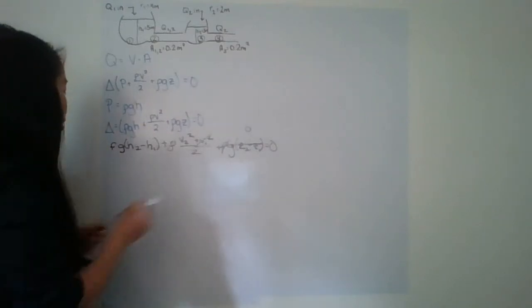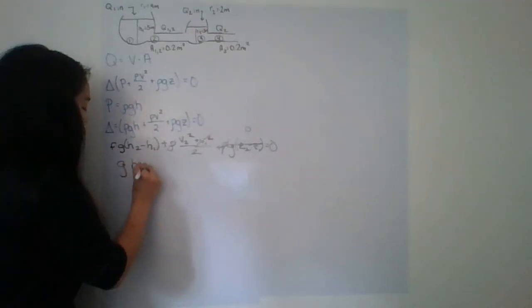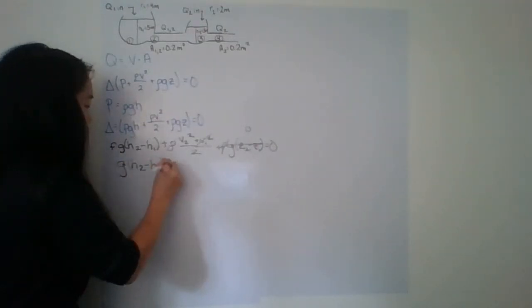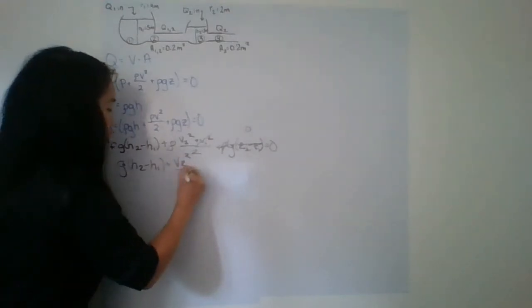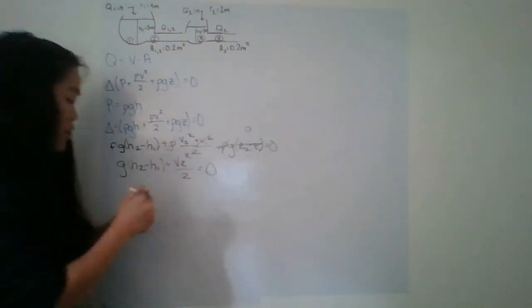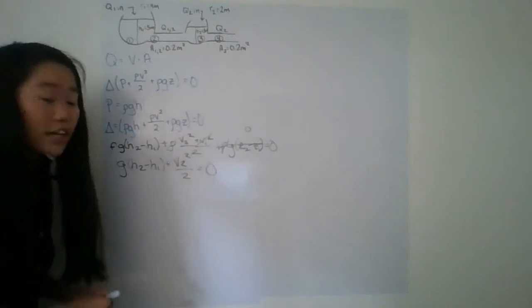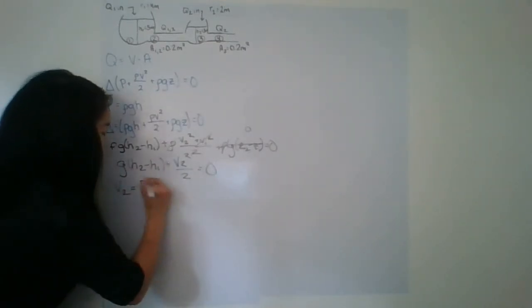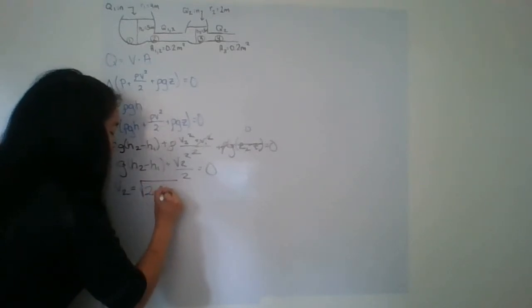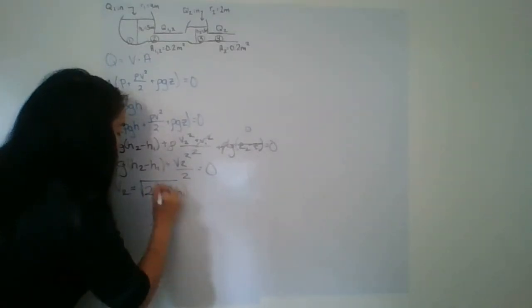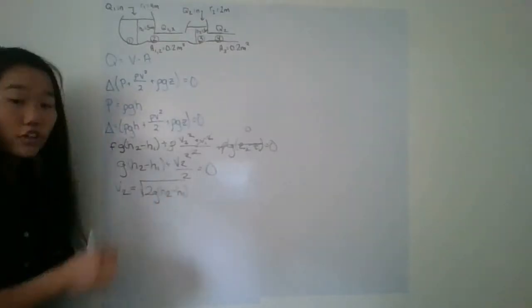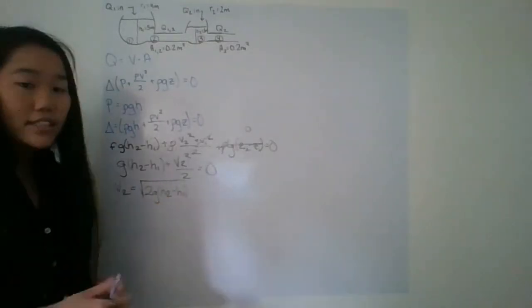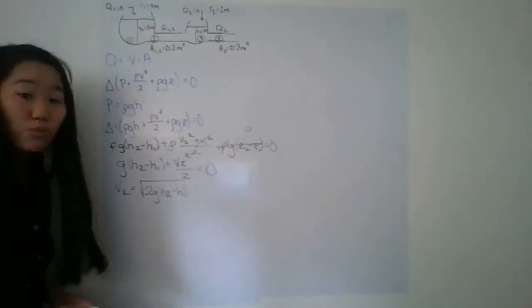So now we're left with g times h2 minus h1 plus v2 squared over 2 equals 0. So rearranging this to solve for velocity, which is what we need, we get v2 equals the square root of 2g times h2 minus h1. So now we'll write the flow rate between tank 1 and tank 2, which will be denoted as Q12.